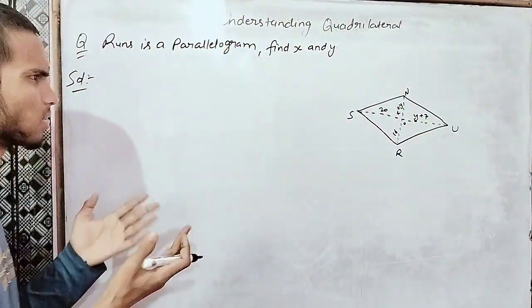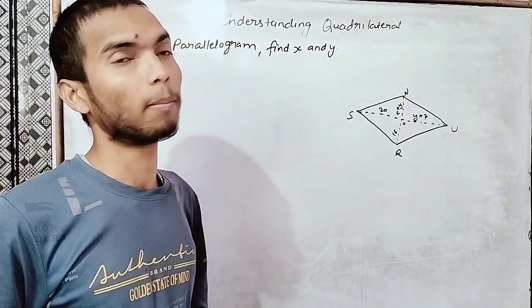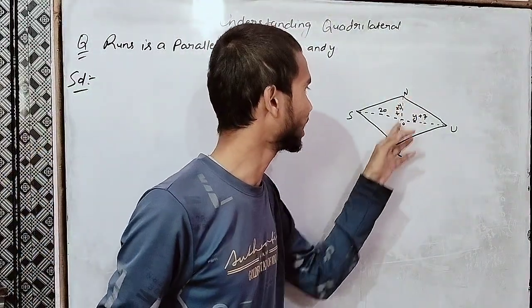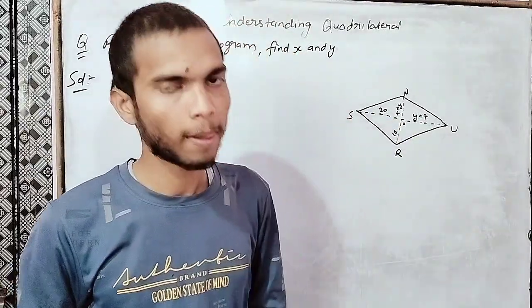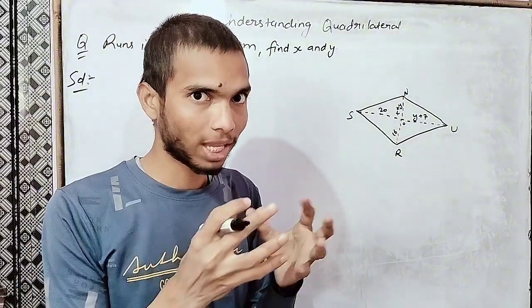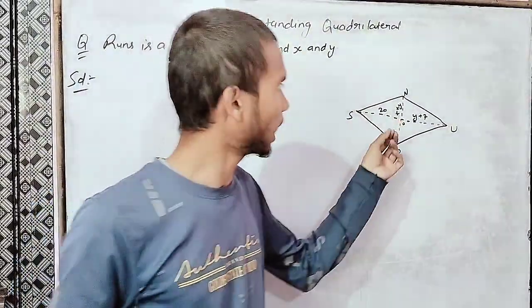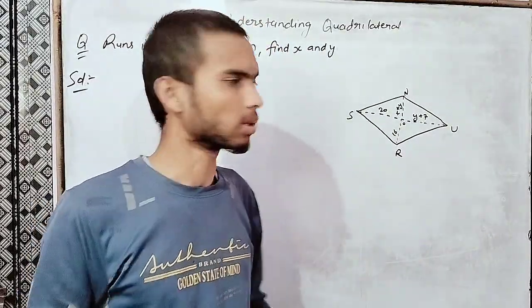Already we know this is a parallelogram, and a parallelogram quadrilateral has diagonals that bisect each other. Means RN is a diagonal, SU is a diagonal line. So here we can write SO is equal to 20 and OU is equal to y plus 7.